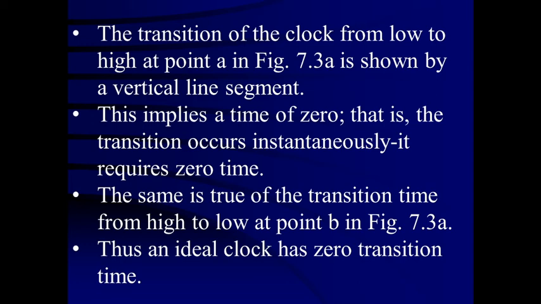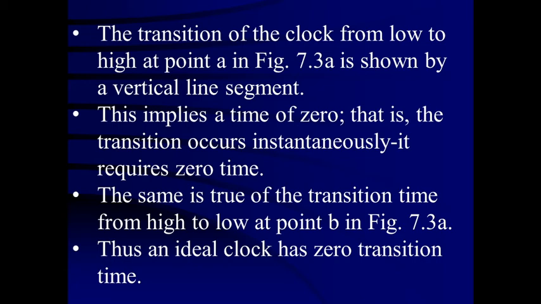The transition of the clock from low to high at point A in figure 7.3a is shown by a vertical line segment. This implies that at instant of time A, the level of the clock is changing from 0 to 1, and that is called the positive edge.